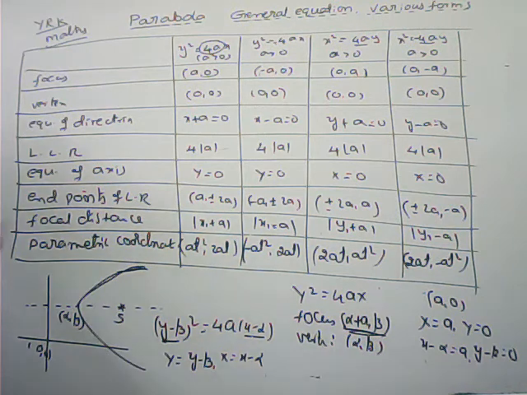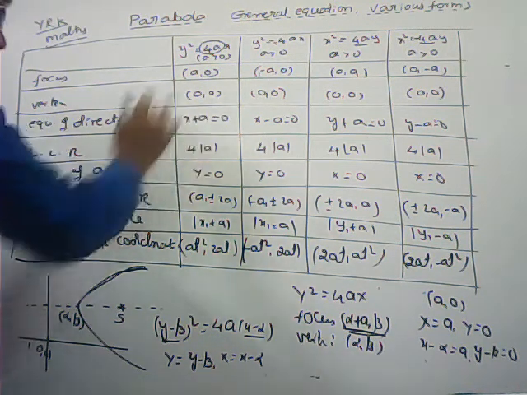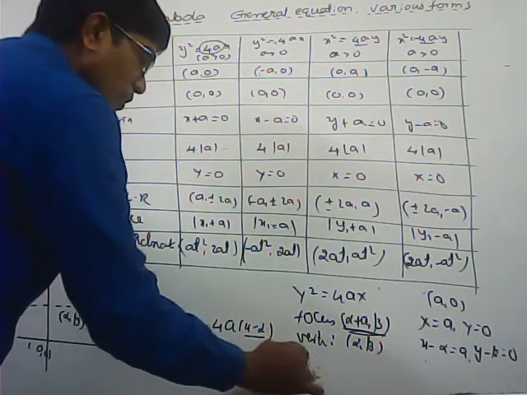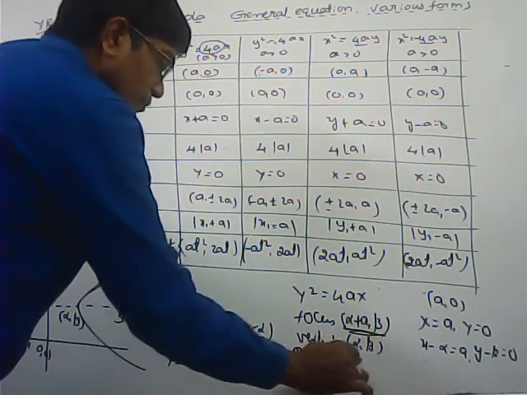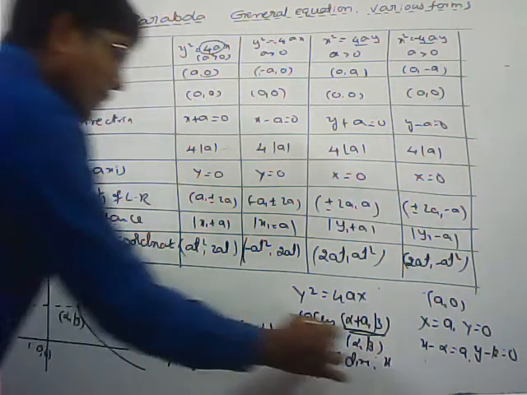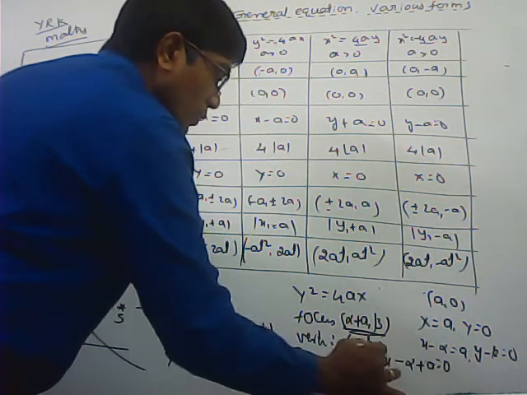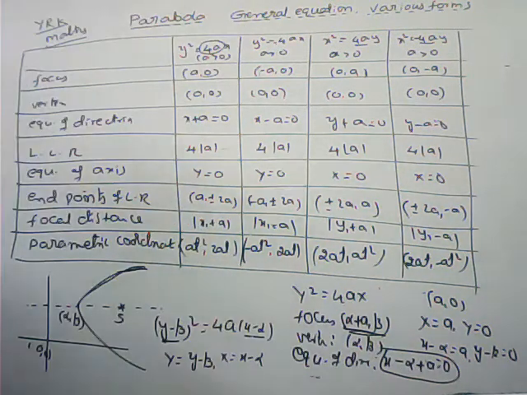Next, equation of the directrix. Here what we have written, x plus a is equal to 0, but in the place of x, x minus alpha is there. X minus alpha plus a is equal to 0. That is the equation of the directrix.